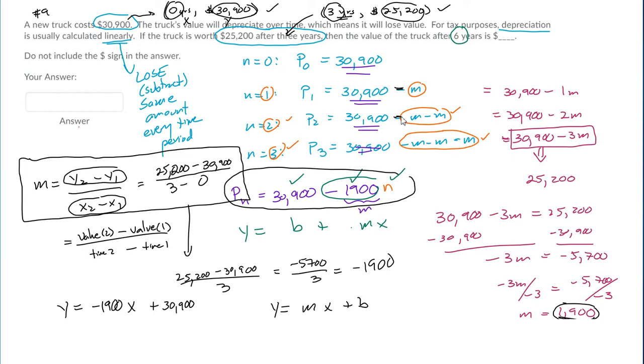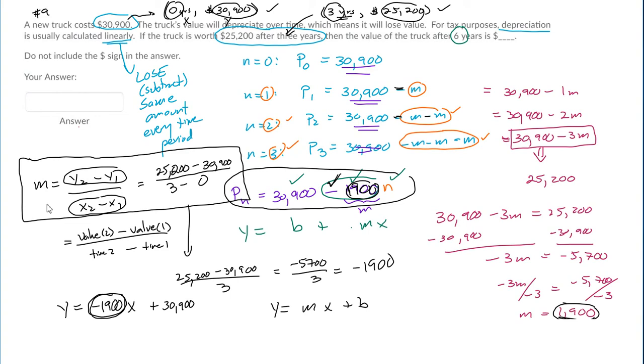If we think of it as something we add, because of mx plus b, so we're using addition here, then we're adding a negative amount because it's a depreciation. The truck's going down. So as long as there's a negative in the formula somewhere, either we placed in the negative, we're losing 1900 every year, or we're adding negative 1900, it works the same.